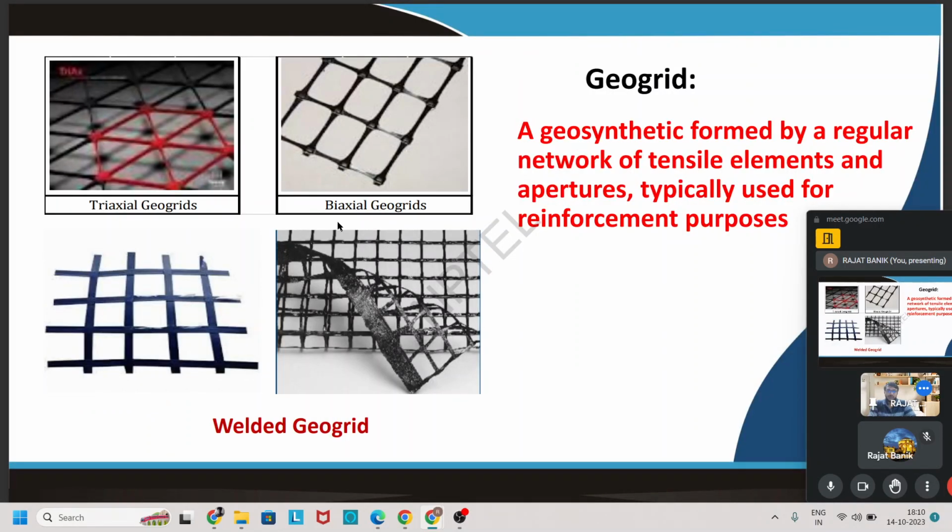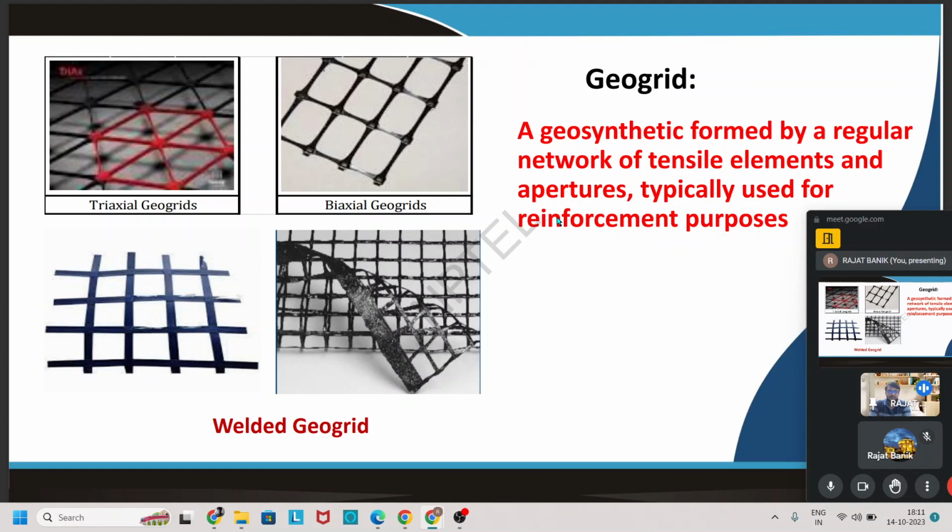We also discussed what is geogrid. Geogrid is a geosynthetic formed by a regular network of tensile elements. Actually, most of the geosynthetic materials are tensile materials, because we apply this geosynthetic material to improve the tensile strength of the ground.